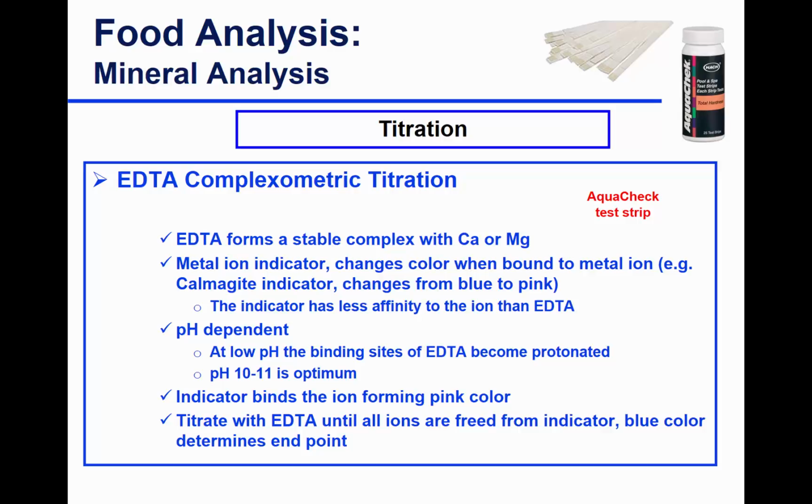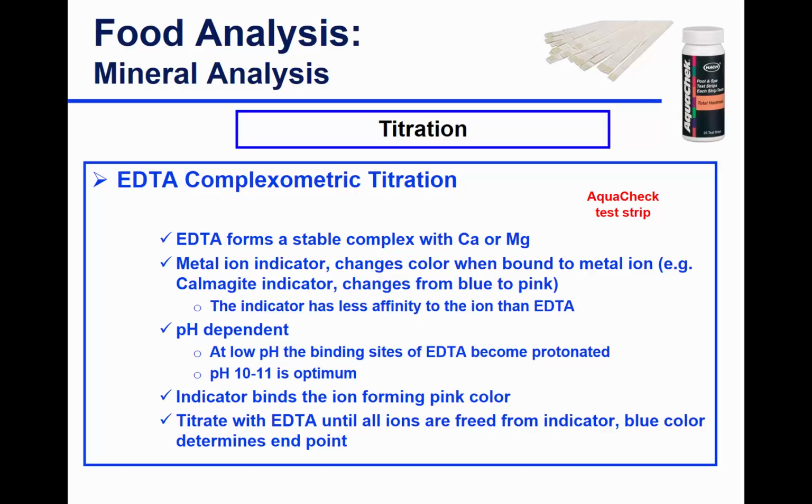pH is important because you want to make sure that the chelating agent has its sites available to interact with the metal or the element. So if the pH is low, EDTA becomes protonated. That means it captures the hydrogen ions and it's no longer available to interact with the calcium or magnesium.